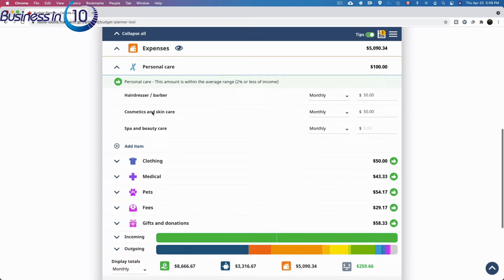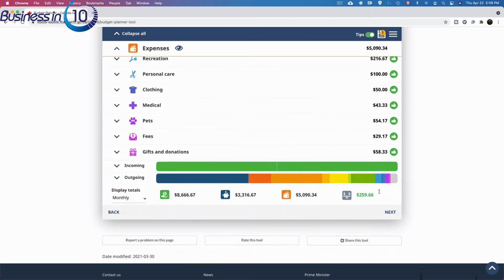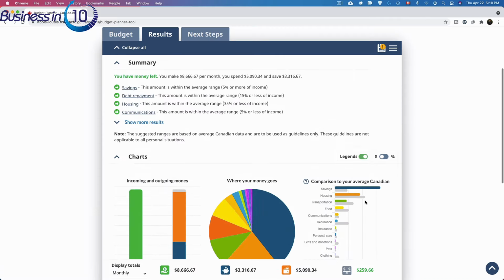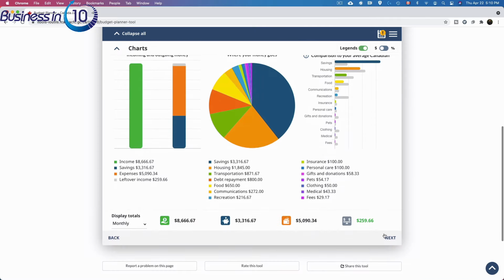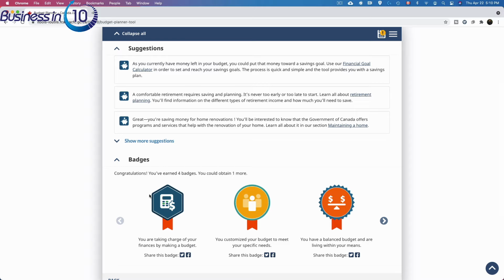This is why this thing is amazing, and that's why you can adjust it and you can figure things out. And it always tells you how much money is left in the bucket. And you go to next, you check things out, and then you go to the next, and it'll give you even a better summary and gives you badges that you are within the limits for everything that you're supposed to be doing. Okay, this is it.